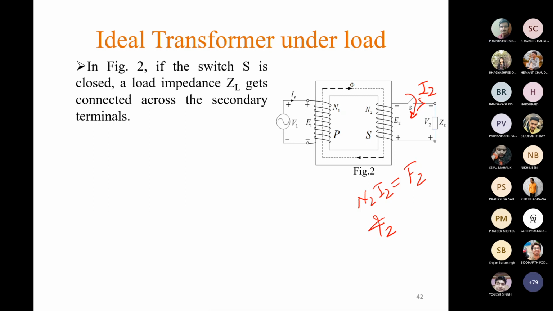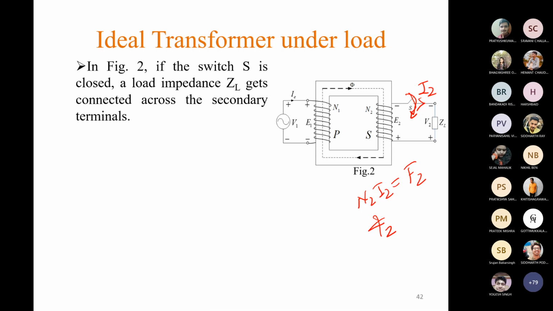Yes, sir. When we close this switch, a current will start flowing through this secondary winding, through the load also, and this current will produce its own MMF F2, which is equal to N2I2.